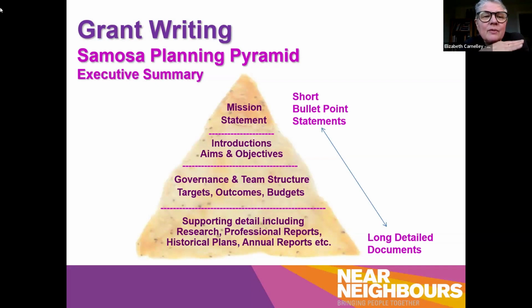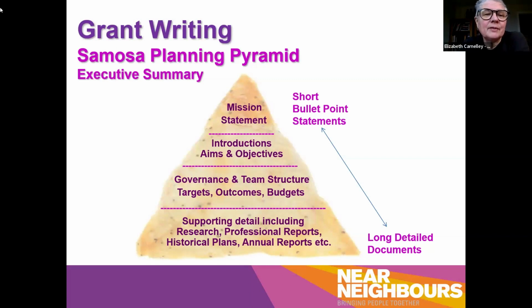Below that, you'll have aims and objectives. For example, we want to provide healthy activities for young people in Blackburn. You might have, we want to do 5 workshops for 16 to 18-year-olds, and we'll engage them in arts activities and sport, for example.